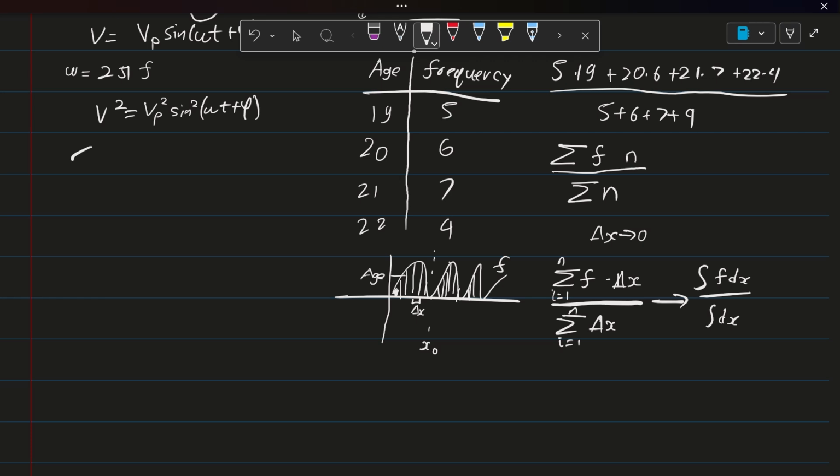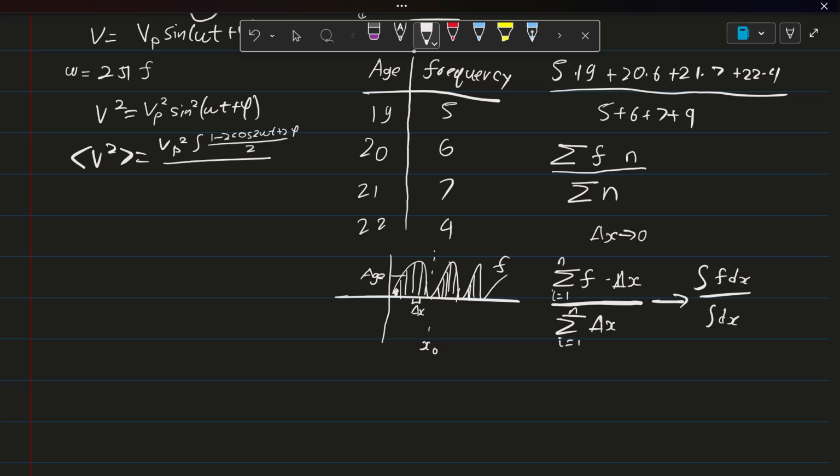So if we try to compute the expected value or the average, this will be Vp squared times the integral of sine squared omega t, which it turns out is the integral of (1 minus cosine of 2 omega t plus 2 phi) over 2, divided by the integral of dx from one point to another.